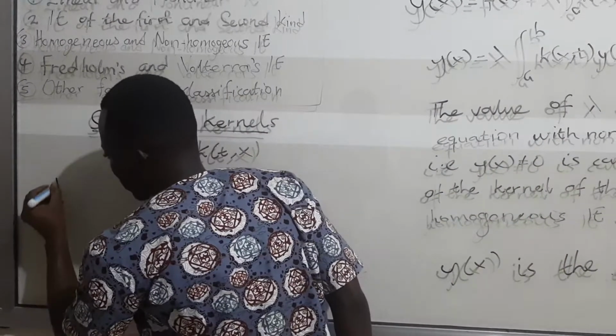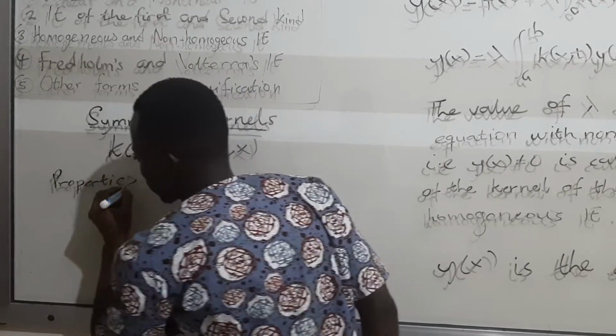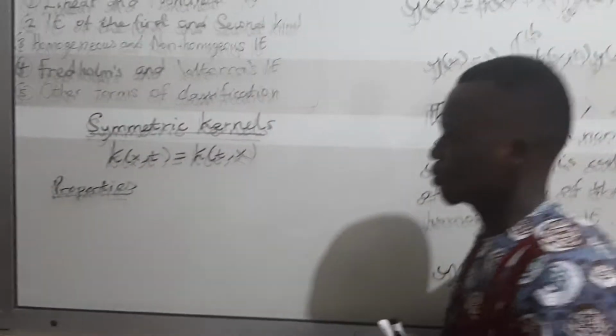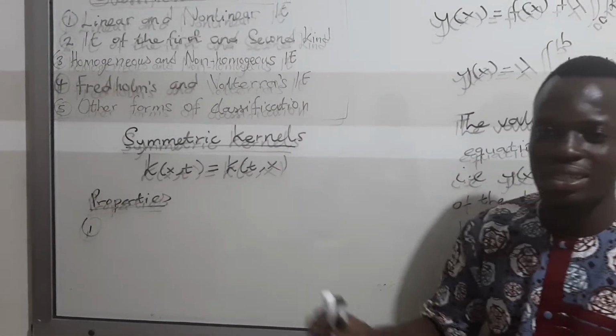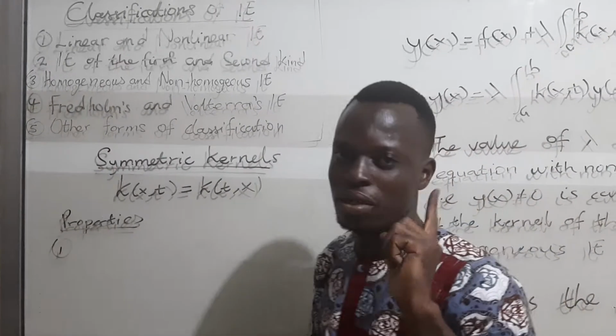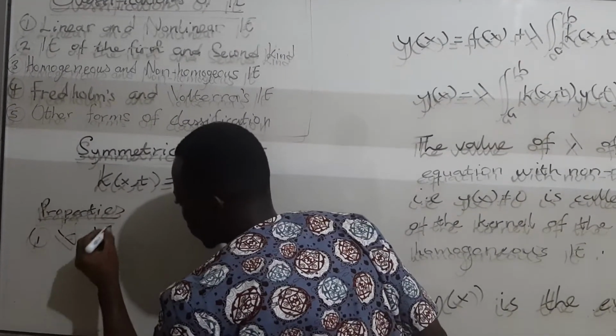Properties of symmetric kernels. One, for all symmetric kernels, there exists at least one eigenvalue.